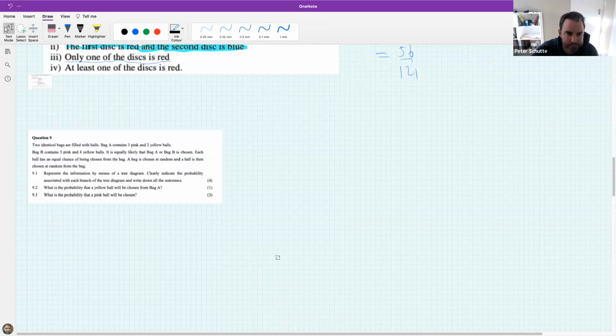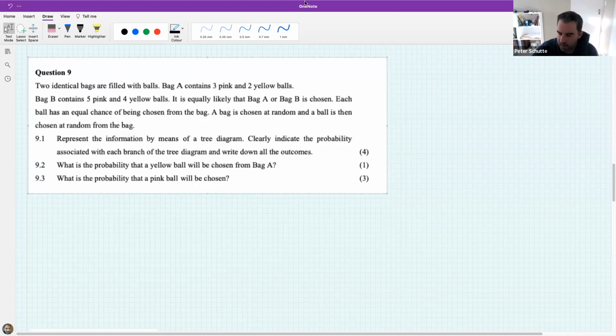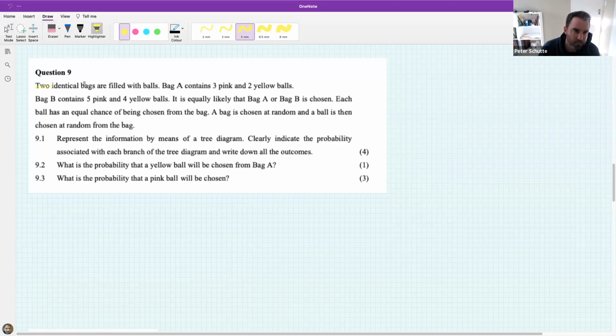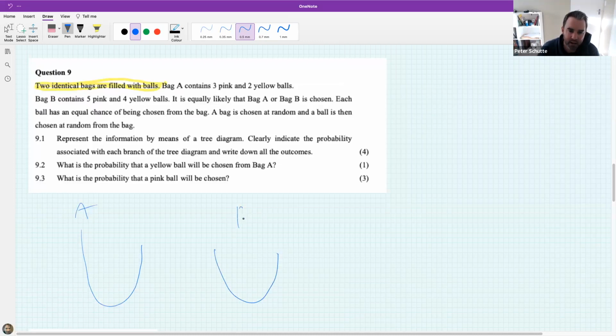So let us go, let's do this one. Okay, last one before the break. 2 identical bags are filled with balls. So we have 2 bags. We'll call it bag A, and we call it bag B. Bag A has 3 pink balls.